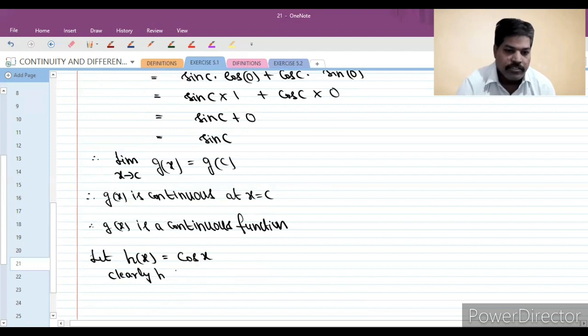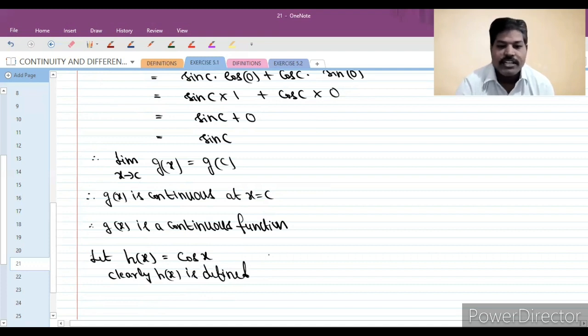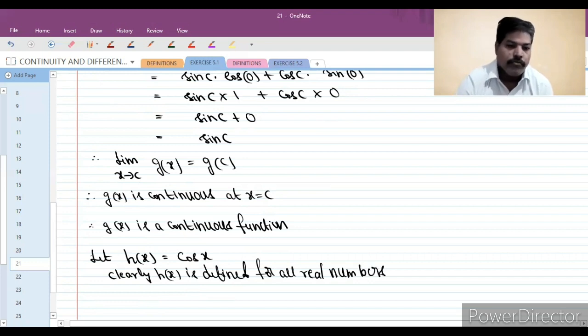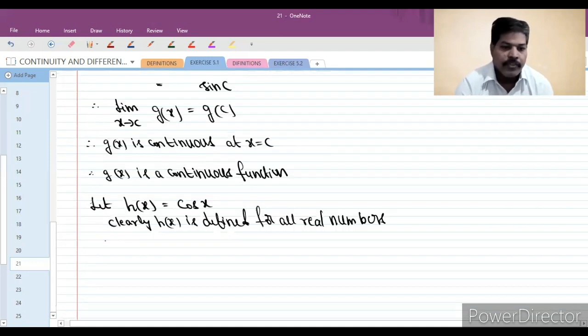Clearly h of x is defined. H of x is defined for all real numbers.